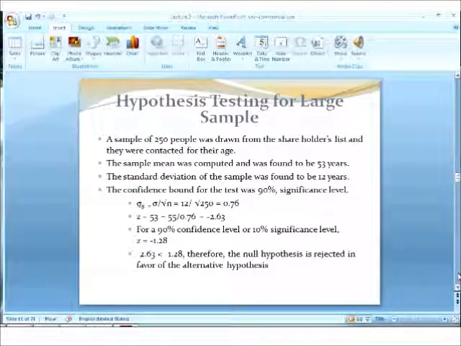Our null hypothesis was that the workforce average age is greater than 55. However, based on this test, we found that our null hypothesis is not correct. It's rejected in favor of the alternative hypothesis. So the decision based on this test is that the average workforce age is less than 55.